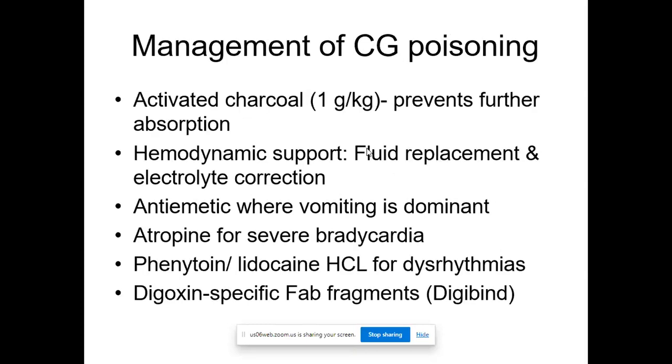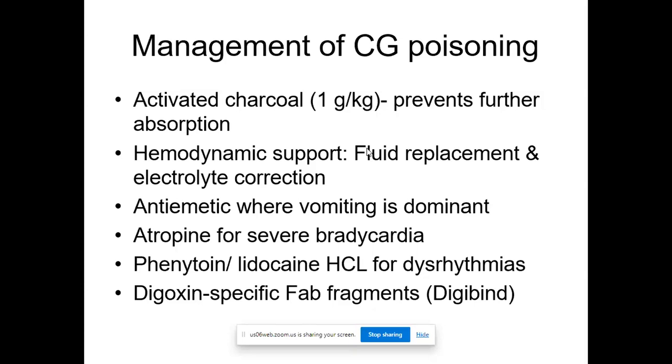Next. Management. How do you manage in case somebody has gotten this poisoning? Activated charcoal to prevent further absorption. So that will mean you'll have to administer it at least within 30 minutes after ingestion. Then there's hemodynamic support, fluid replacement, electrolyte correction.